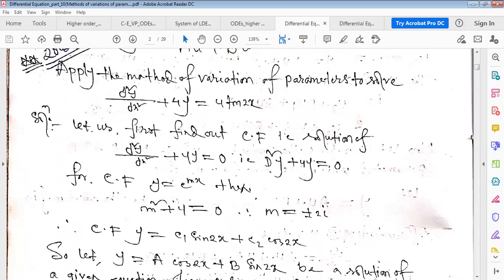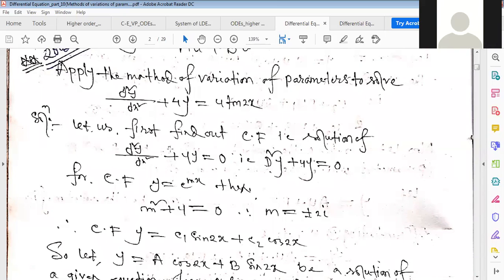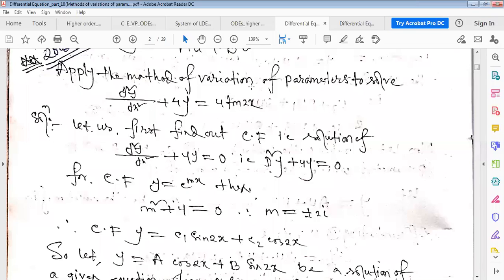Okay, so let us first find the complementary function, the solution of the linear homogeneous differential equation, because taking the right hand side as 0, we get this form of differential equation.